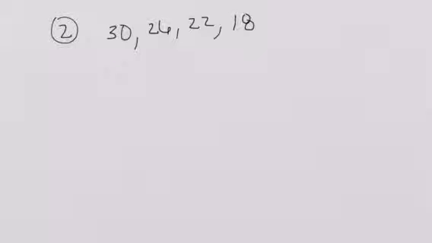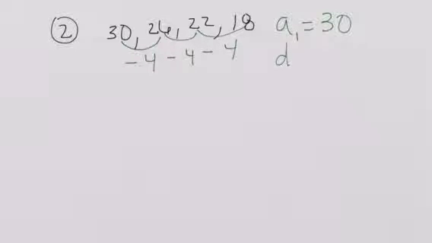Let's try another one. Our common difference here is negative 4. Common difference here, negative 4. Common difference here, negative 4. So our A1 is going to be 30, and our common difference is going to be negative 4. So A sub n is equal to A1 plus n minus 1 times our common difference.